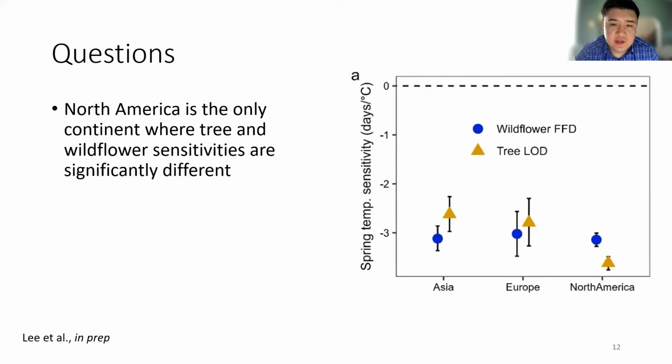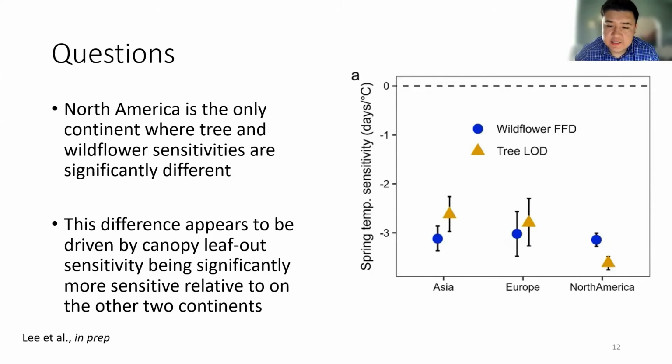So to focus in on the main questions, though, North America is the only continent where tree and wildflower sensitivities are significantly different. So this is suggesting that this is the only continent for which we would expect a significant shift in this spring light window duration into the future.